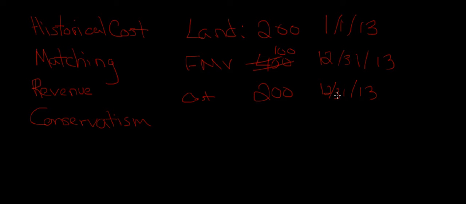So in this case, you're like, oh, okay, I got saved. We don't use fair market value under US GAAP. They do under IFRS, that's International Financial Reporting Standards, which we may or may not be going to in the near future.